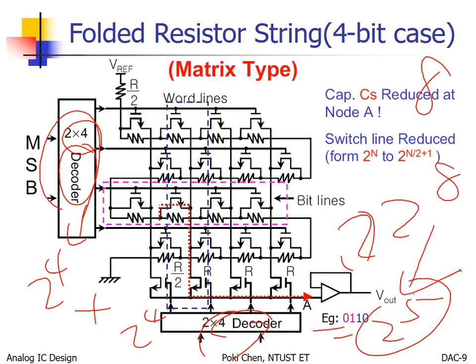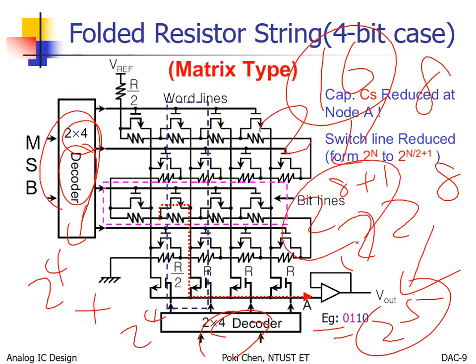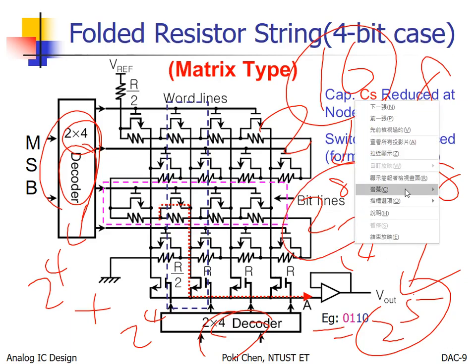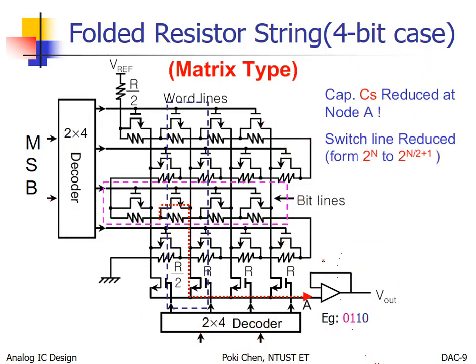The more bits, the more you can reduce. For example, for 16 bits, you will reduce the complexity by 32 times. Bingo. And the second merit: it only sees 4 transistors. So the parallel in this case is reduced from 16 to 4.